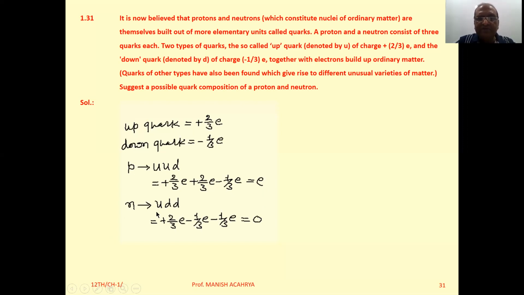If we take the summation of these 3 charges, plus 2 by 3 e minus 1/3 e minus 1/3 e, then the resultant will be 0. Clear? So these are the possible compositions of proton and neutron in terms of quarks. Clear?